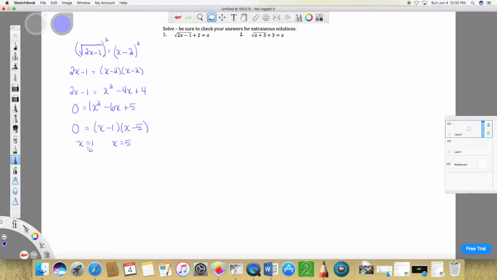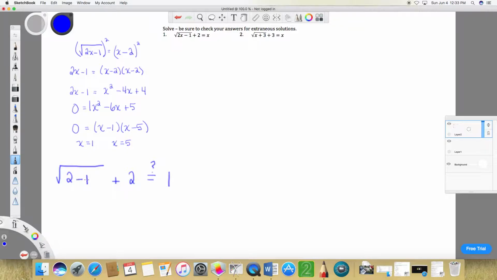So let's take a look at the number 1. If we plug it in, what do we have? Well, let's return to the original equation. 2 times x, if x is 1, 2 times 1 is 2, minus 1, plus 2. And the big question is, is that going to equal 1?